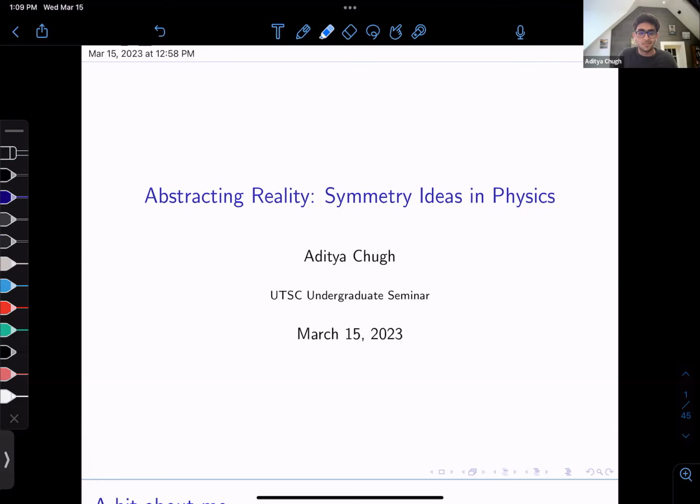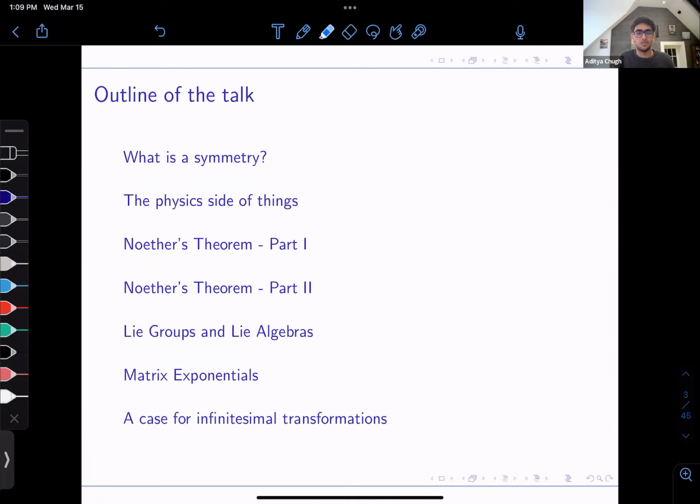So the outline of the talk is this. We're going to talk about symmetries at first. What are symmetries? A bit informally, not in a very technical setting, but that's how we start. Then we'll see how symmetries appear in physics, how they might help us, and why they're nice. Then a very powerful theorem, Noether's theorem.